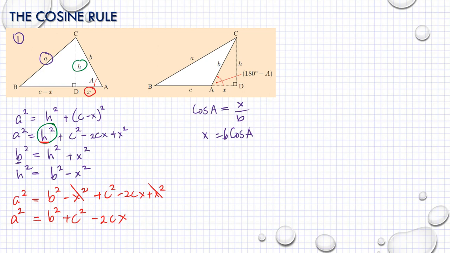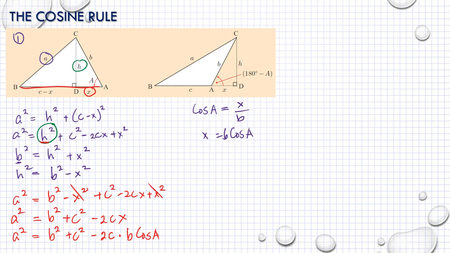Okay, substituting once again, we have A squared is equal to B squared plus C squared minus 2C multiplied by B cosine A. What is our C? Our C is the base, the whole base there.